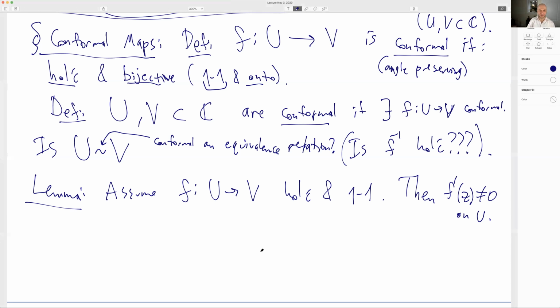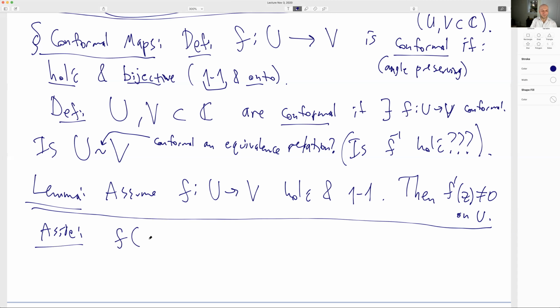Should we have this aside? Okay, so pause this lemma for a second. Aside. Remember how this whole business got started. If you have a function f of z, then locally, in a neighborhood of z0, f of z is f of z0 plus some linear map of z minus z0 plus lower order terms.